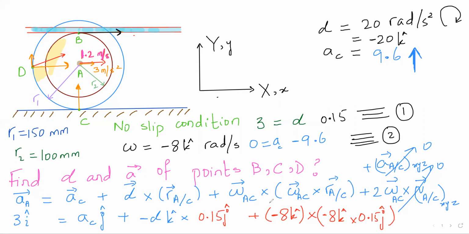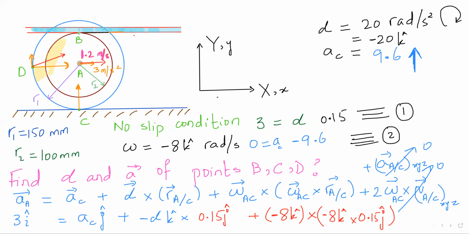And then I have minus 6.4 j. Okay, so it will be, I'm taking a little more than I should on this.